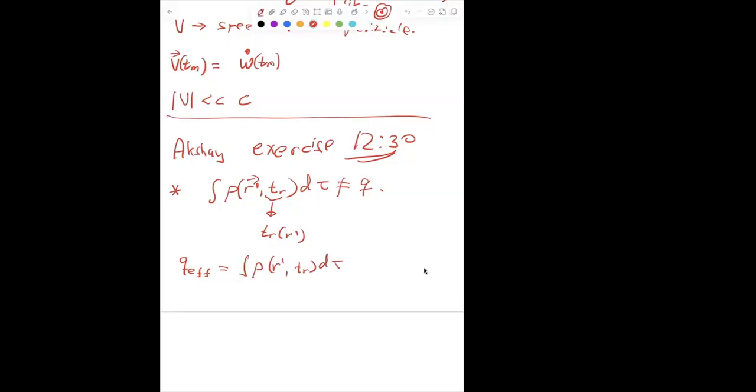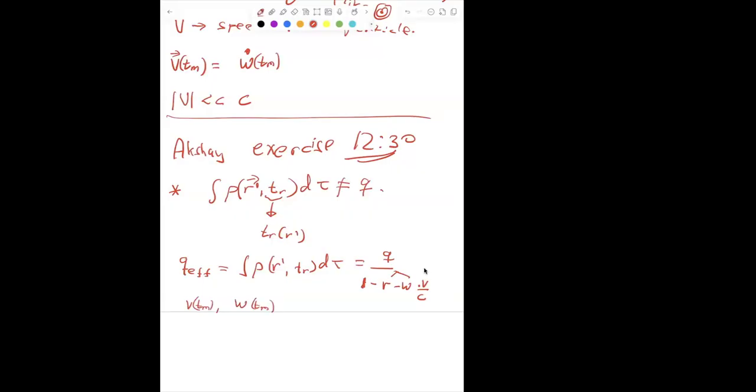It's not equal to Q, but it is something. And this is equal to Q, the real charge, times 1 minus n̂ dot v over c. And again, v and n̂ are evaluated at time t_m.